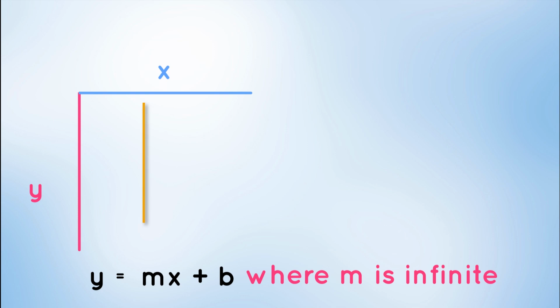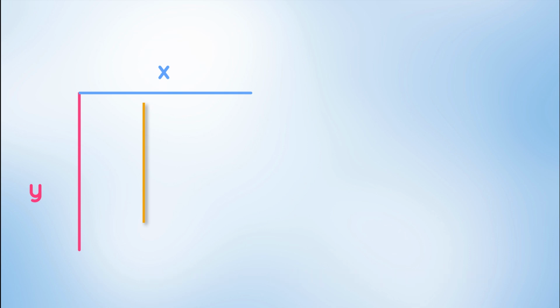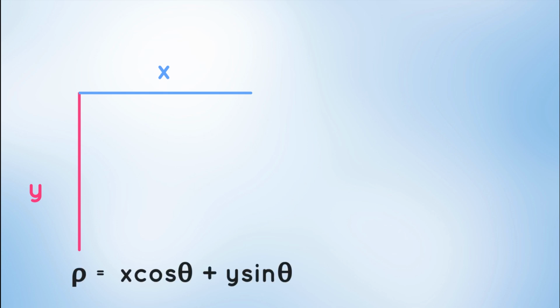That being said, instead of expressing our line with Cartesian coordinate system parameters m and b, we'll instead express it in the polar coordinate system rho and theta, such that our line equation can be written as rho is equal to x cos theta plus y sine theta. If you're really interested in how this equation is derived, feel free to ask me in the Q&A, but the main idea is that this is still the equation of a line, but in polar coordinates.